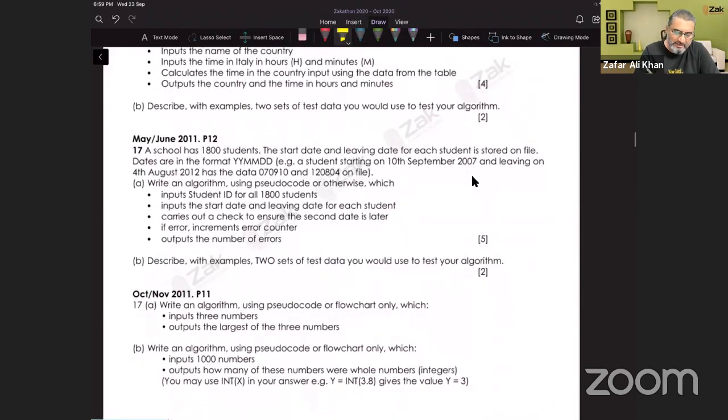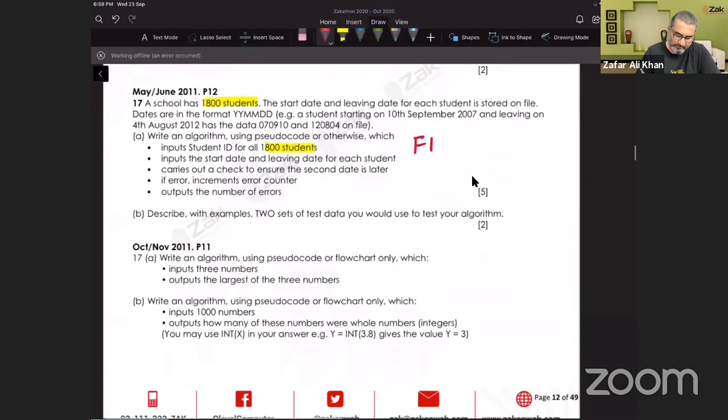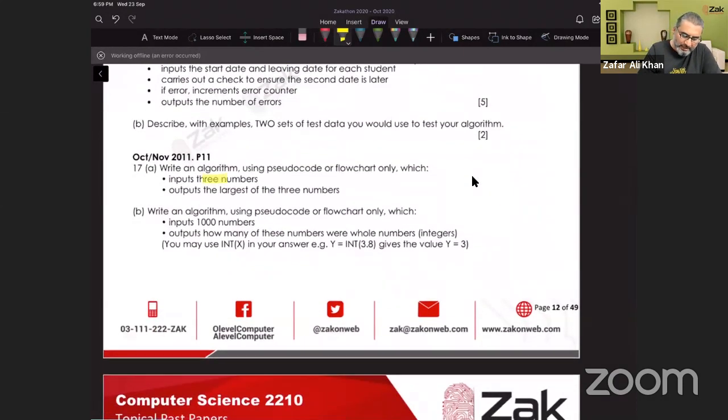Now look at this question. A school has 1800 students. The start date and leaving date for each student is stored on a file. Input student ID for all 1800 students. So this is essentially format 1. So input 3 numbers, format 1. Input 1000 numbers, this is format 1.